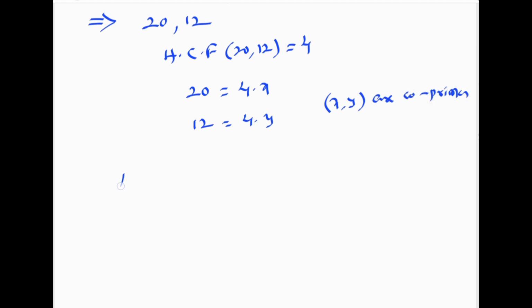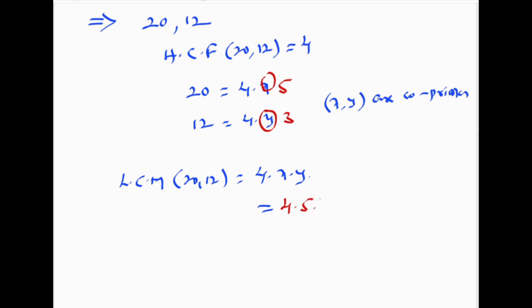Now we can write the LCM of 20 and 12 as 4 into X into Y. Here the value of X will be 5, and the value of Y will be 3. So 4 into X into Y, that is 4 into 5 into 3. So what is the LCM there? 4 5s are 20, 20 3s are 60. Okay?